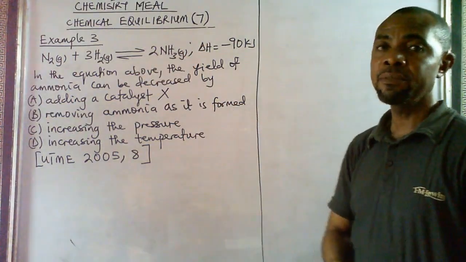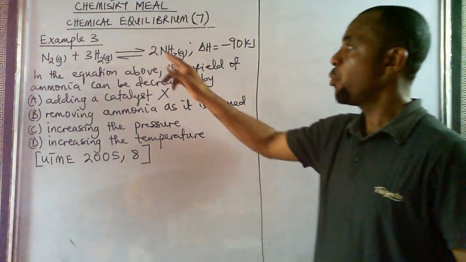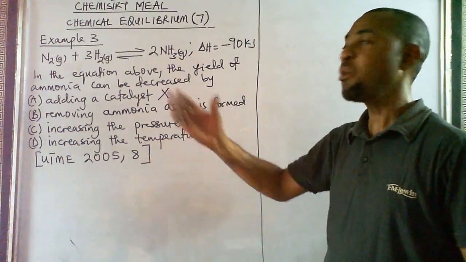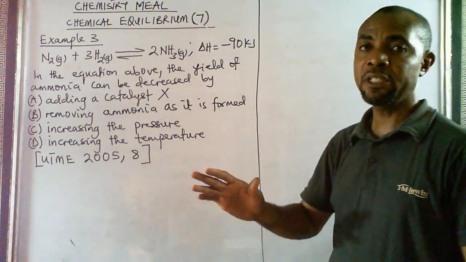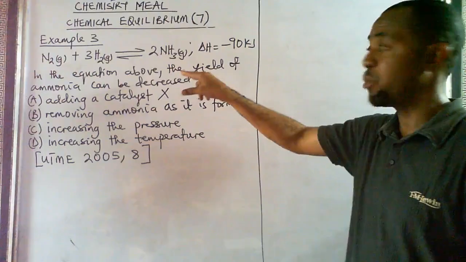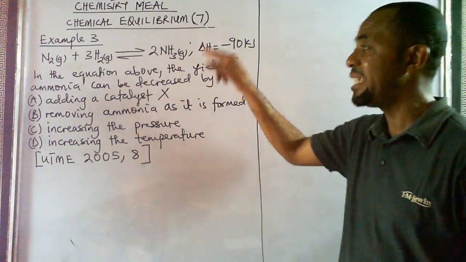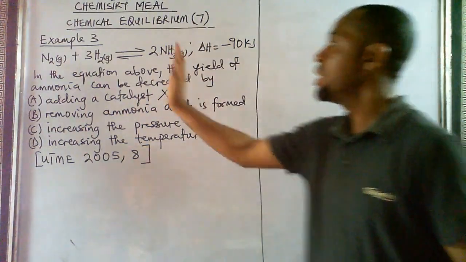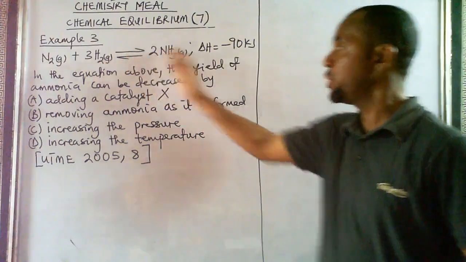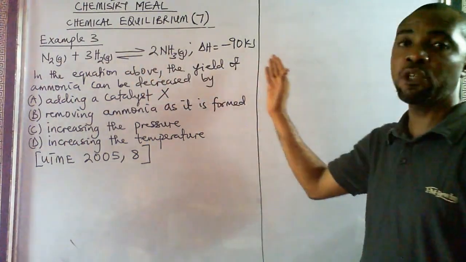So we'll start looking at everything that will make the production of ammonia to be less, to decrease the yield. So what and what will favor the backward reaction? If we want the backward reaction to be favored, remember that's what the question is saying, decrease in the yield of ammonia, meaning the reaction will go backward and produce less ammonia. If we are producing more ammonia, the forward reaction will be favored.